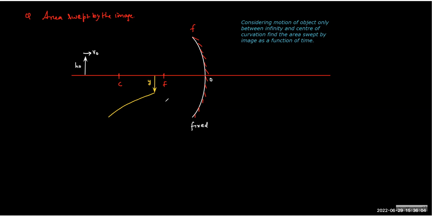Let the initial distance of the object be, in fact, 2R is fine. Now you can stop.